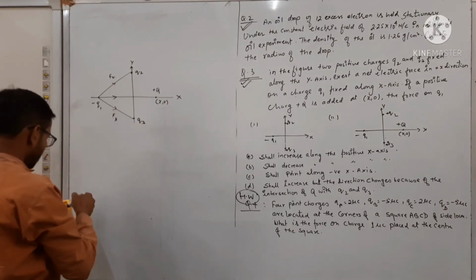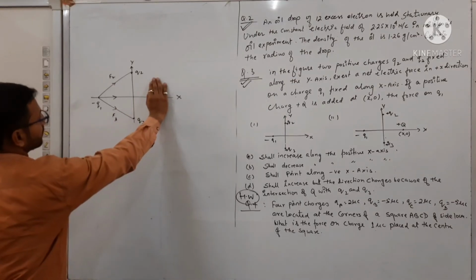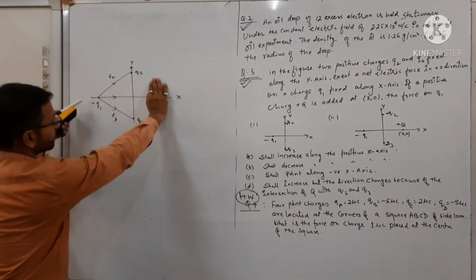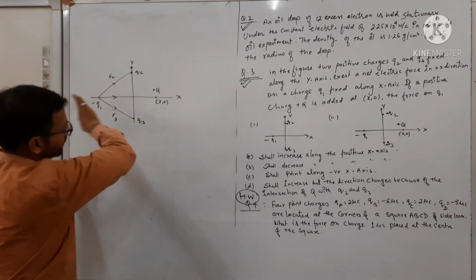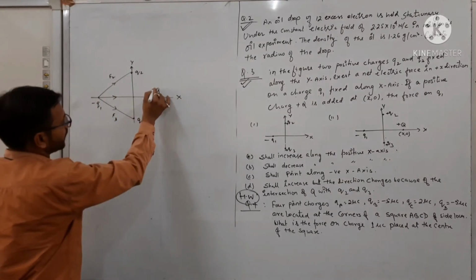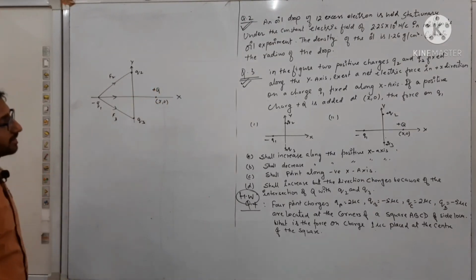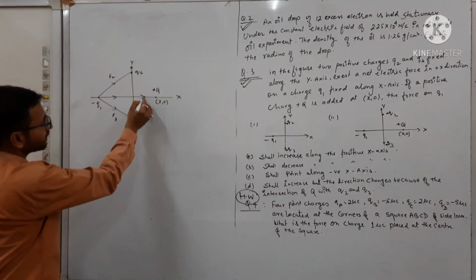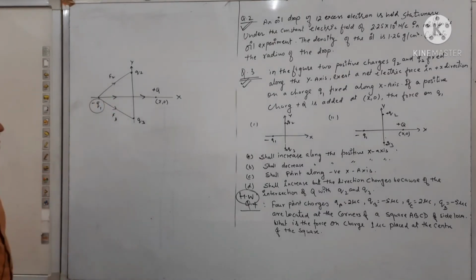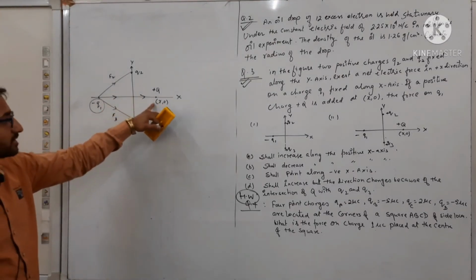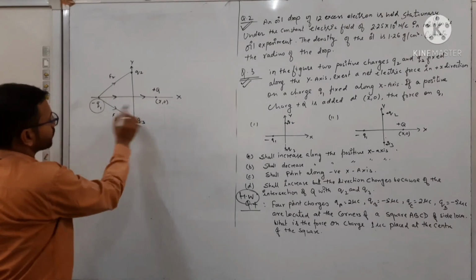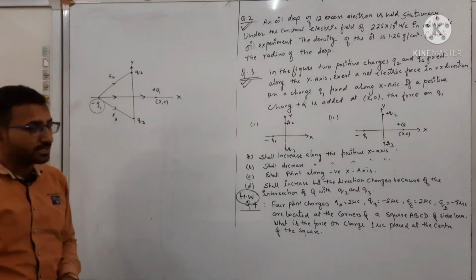Before this, the force is attractive, meaning this Q1 charge will move toward the positive x direction, from left to right. If we put another plus q charge here, it will also attract this negative Q1 charge, because this is negative and this is positive. So attraction means the movement toward the positive x direction will increase here.